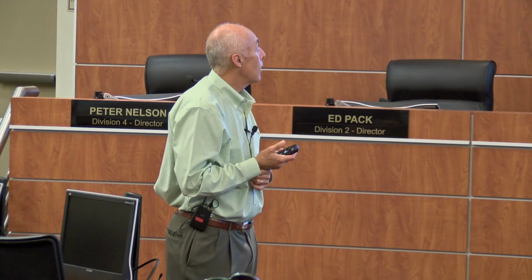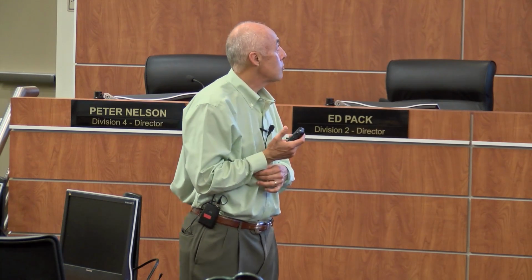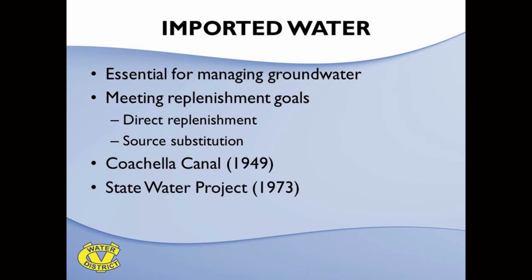So that's the groundwater treatment portion of the potential solutions we have. The other key to this solution is our imported water. As I mentioned, we're very fortunate to have Colorado River water from the Coachella Canal, and also our exchange water from the State Water Project to supplement our groundwater supply.